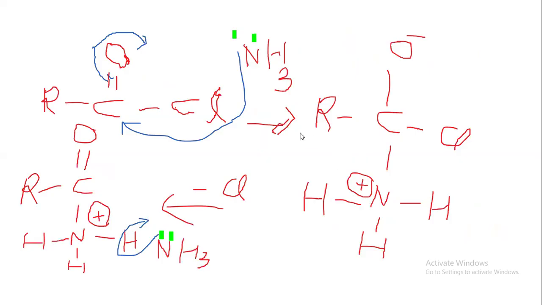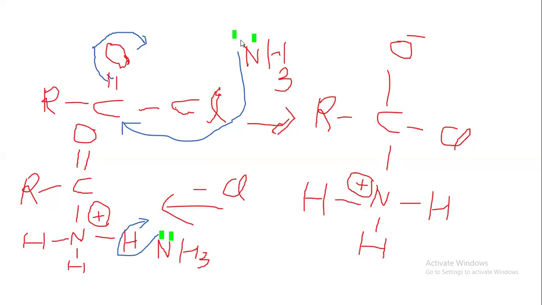When acid chlorides are treated with ammonia gas, this carbon has electron deficiency due to the electron withdrawing groups, chlorine and oxygen.